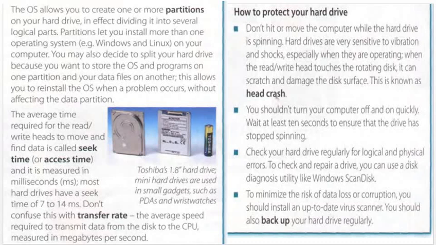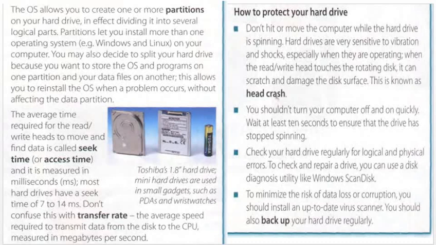The average time required for the read heads or write heads to move and find data is called seek time. What is seek time? Seek time, the average time required for the read and write heads to move and find data, is called seek time or access time, and it is measured in milliseconds.